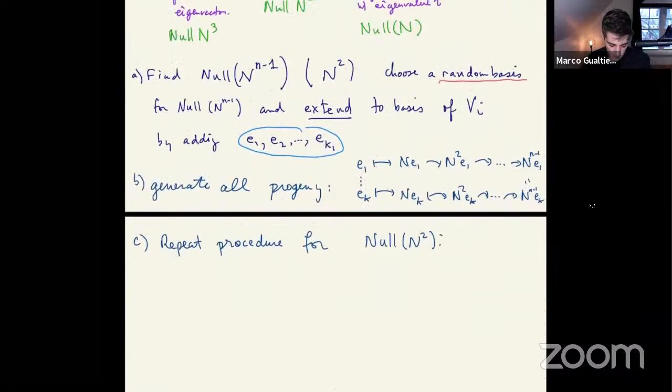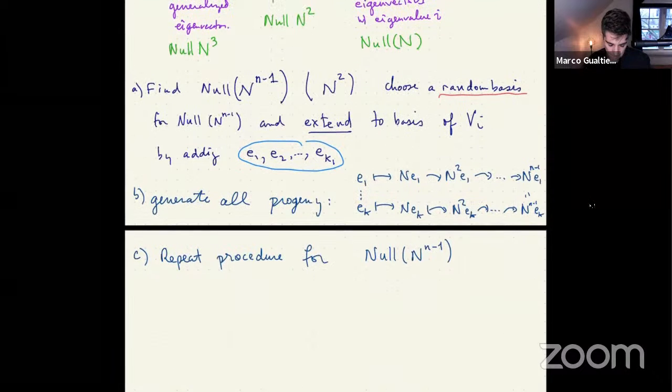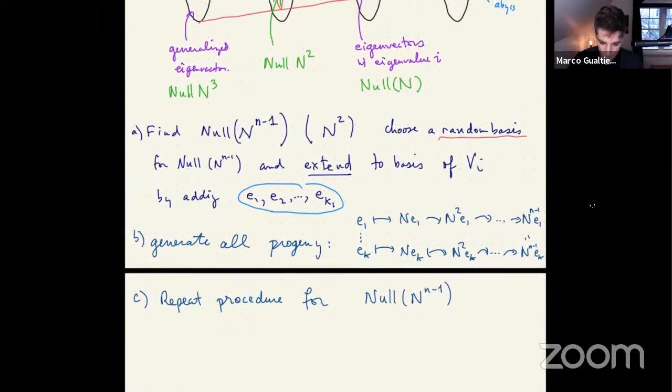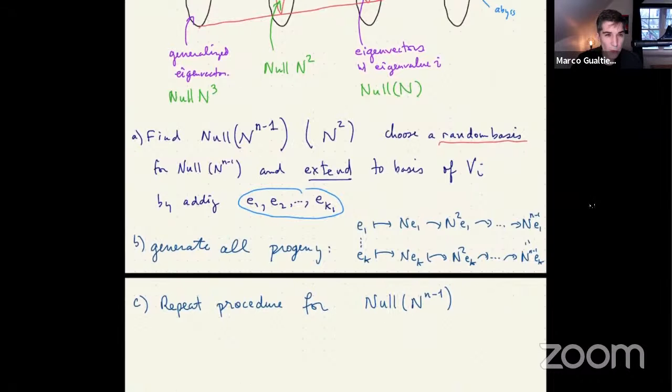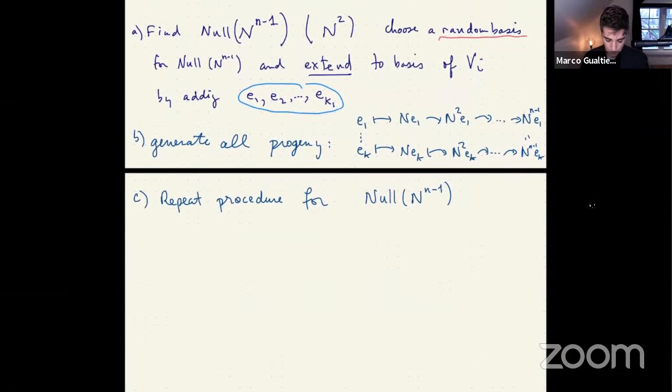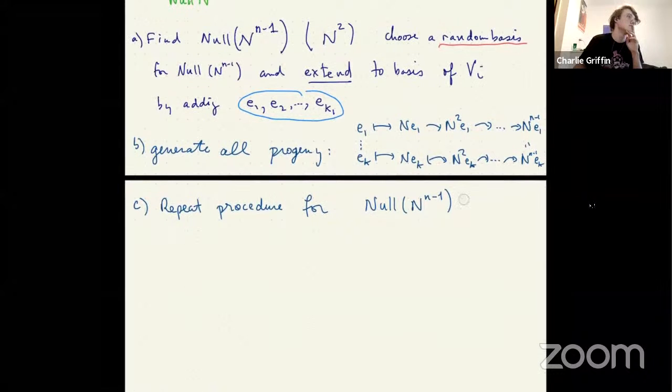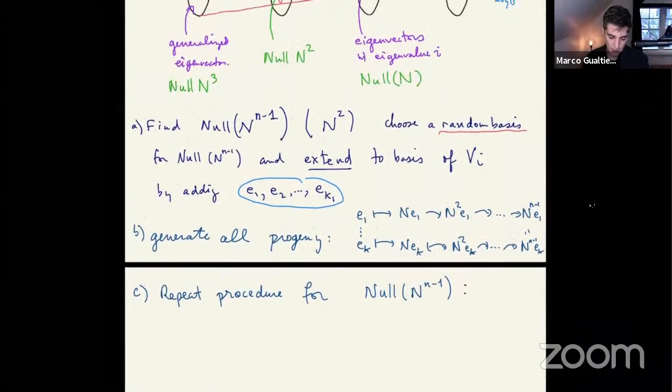So we need to find null of n to the n minus 1. Wait, shouldn't it be for the null of n to the n minus 2? Just 1 second. So we repeat the procedure for the null space of n to the n minus 1, right?